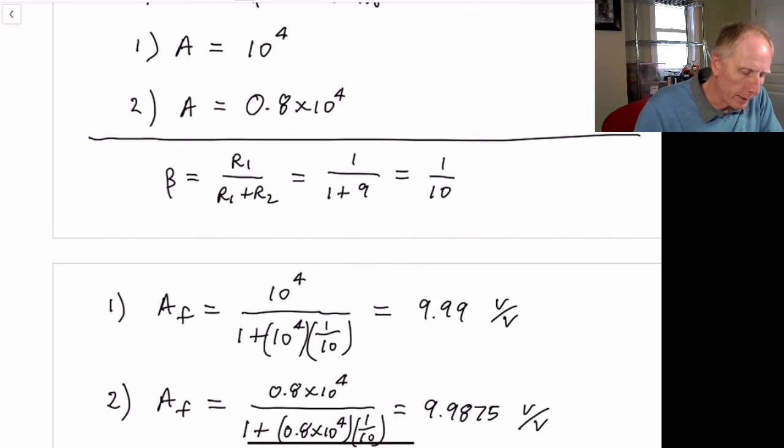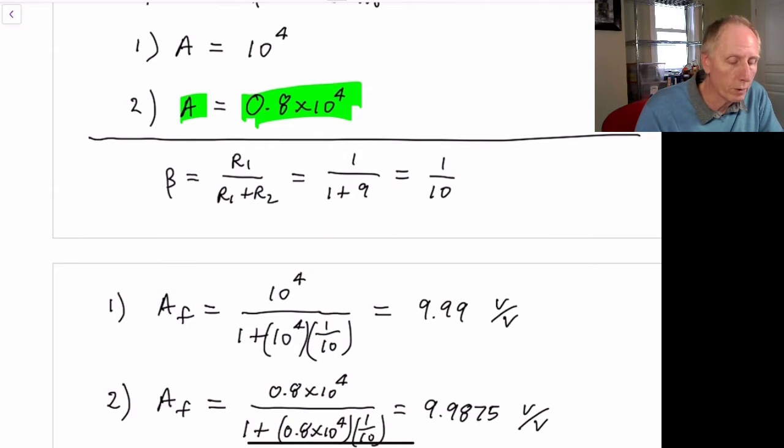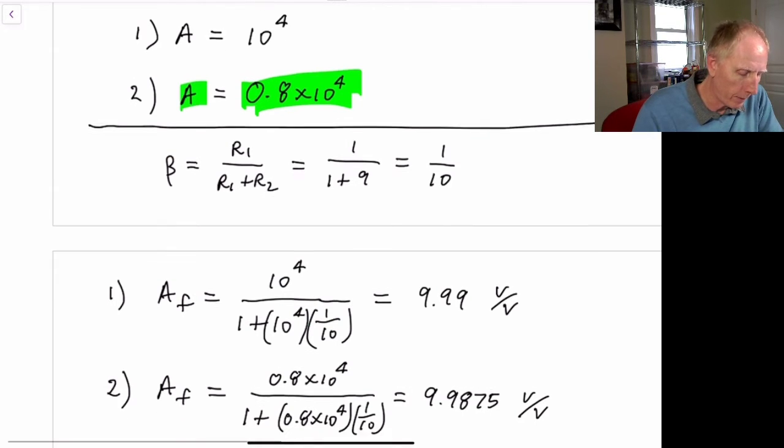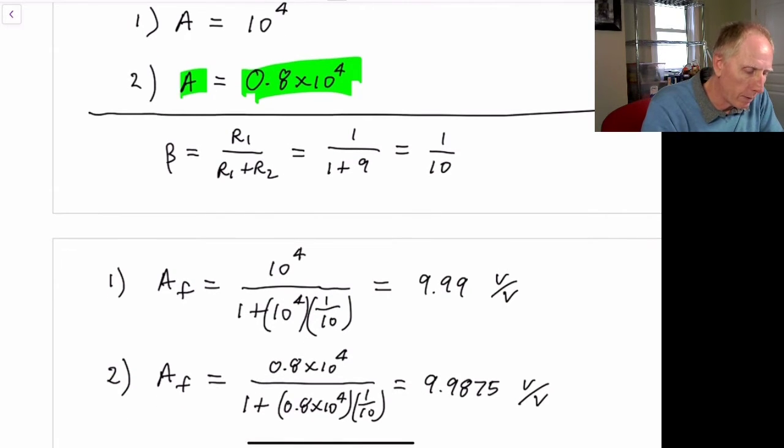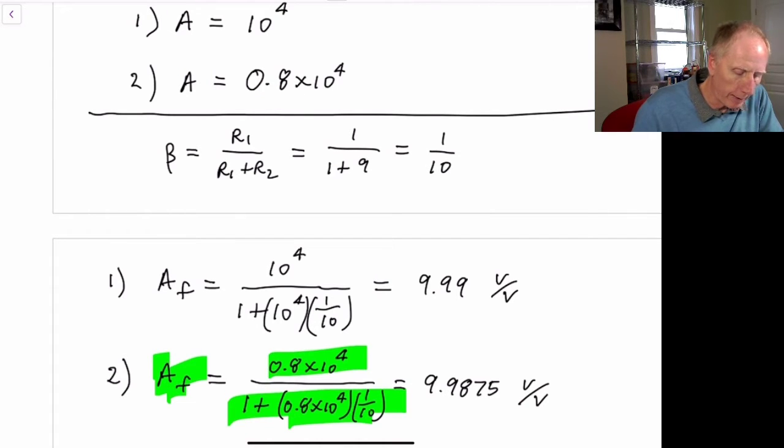In the second case, when A is equal to 0.8 times 10 to the fourth, so we reduce it by 20%, we put it through the same equations, changing A from 10 to the fourth to 0.8 times 10 to the fourth, and we end up with the gain becoming 9.9875 volts per volt.